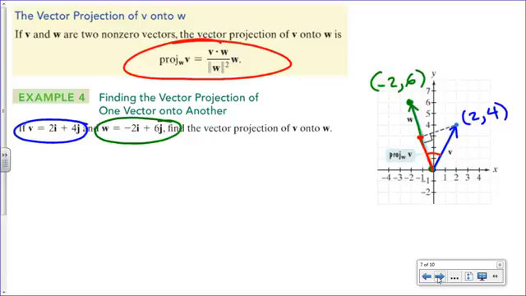you could see it graphically. That will be the projection of V onto W. That one has the same magnitude as W, but it is perpendicular to vector V. Okay, so let's go ahead and follow the formula.